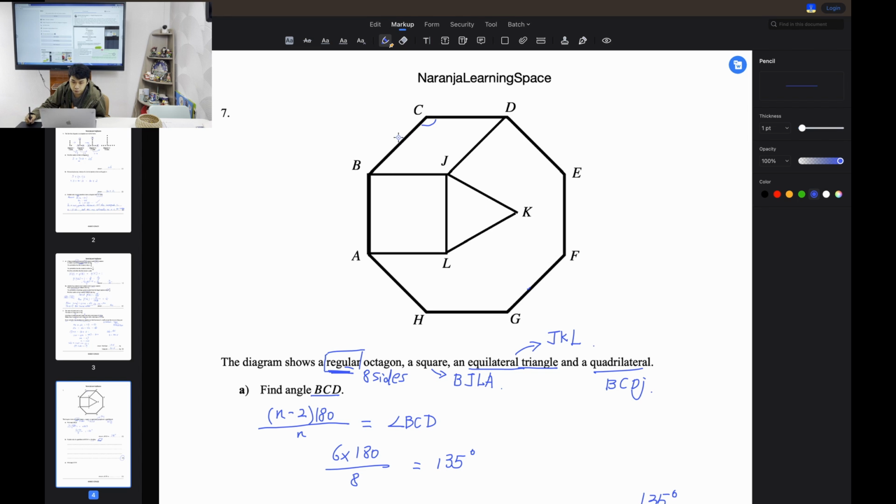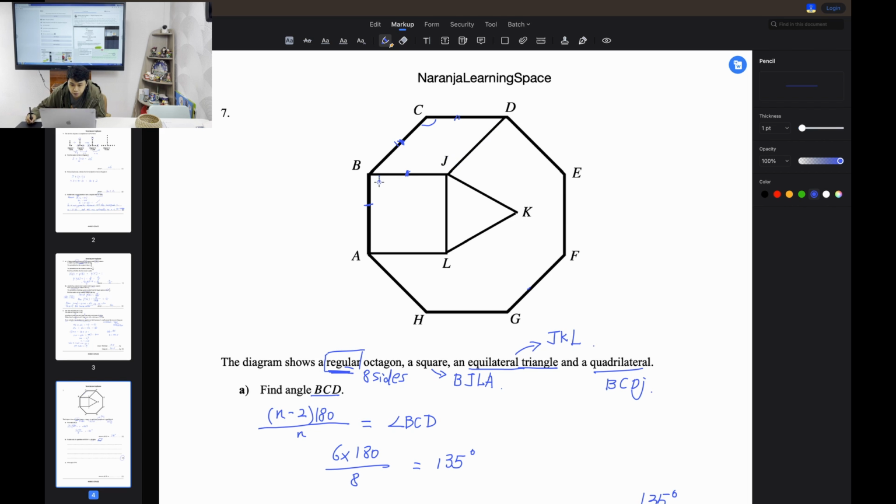Let's look at it. BCDJ, this one. We know that BC and CD are equal. And because ABJL is a square, BA equals BJ, which means BJ is also equal to BC. Okay, so we have 3 sides equal now. How about the last side? Let's go on.